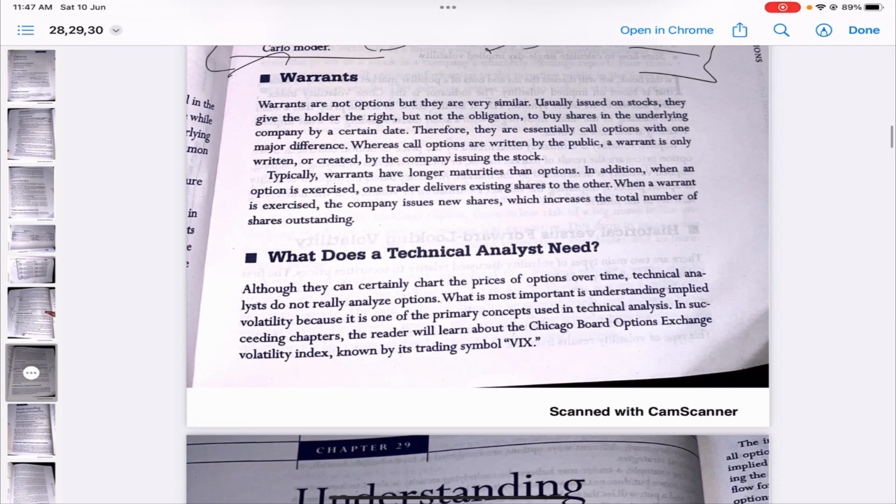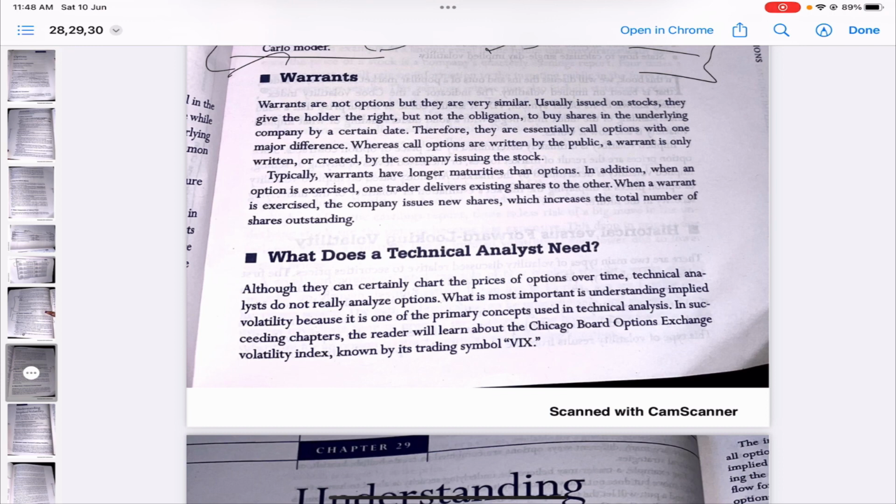Okay. Now we have warrants. Now what are warrants? Warrants are not options, but they are pretty much similar to options. So warrants are basically issued on stocks. They give the holder the right but not the obligation to buy shares in the underlying company by a certain date. Therefore, they are essentially call options with one difference. Call options are written by the public.